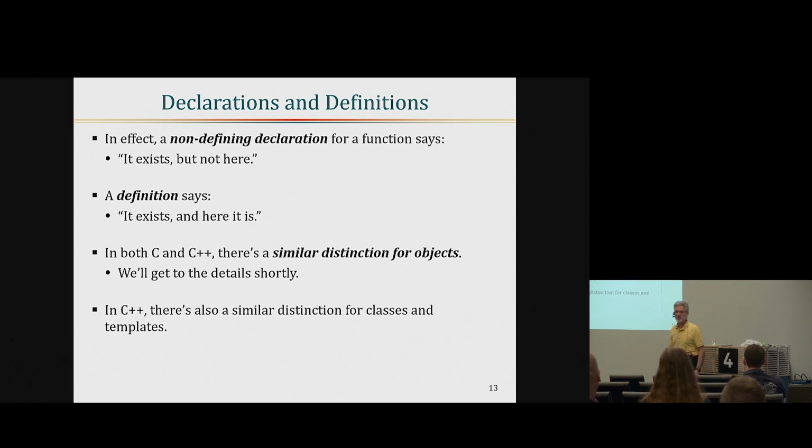Interestingly, just like in C++ there is this notion of a pure virtual function, there's no official term for an impure virtual function. Similarly, with the terminology of declarations and definitions, there isn't any terminology in either C or C++ that says this is a declaration that is not a definition. So you'll notice that I have to keep repeating the awkward phrase, a non-defining declaration, because that's the best I could do.